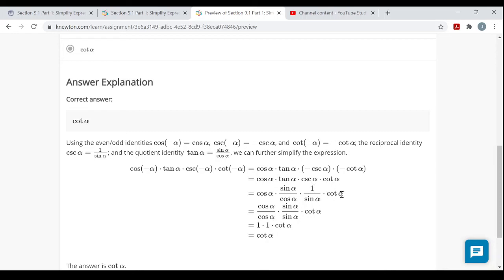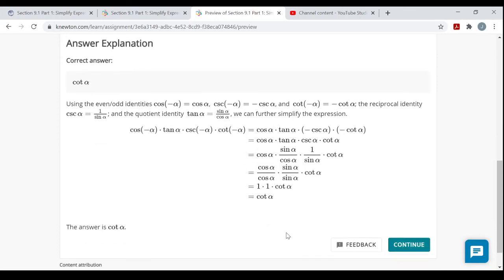But then they left cotangent alpha as cotangent alpha because I guess they saw that you can cancel the sines, cancel the cosines, and you're left with just cotangent alpha. Again, there's multiple ways typically to simplify a trigonometric expression because there are so many of these identities that you have to know and that you can use.